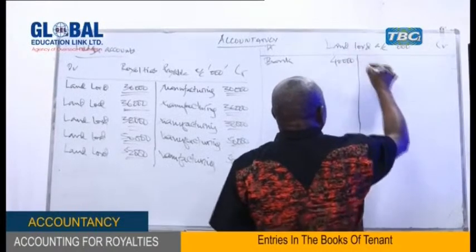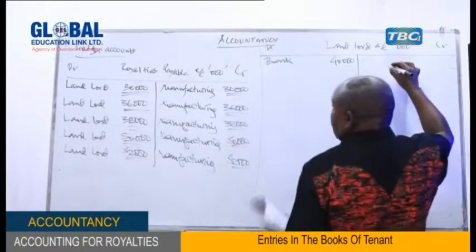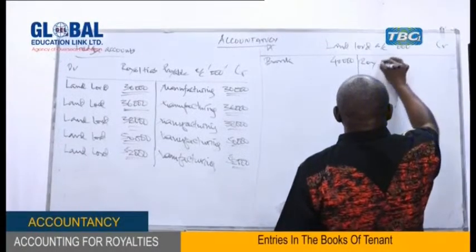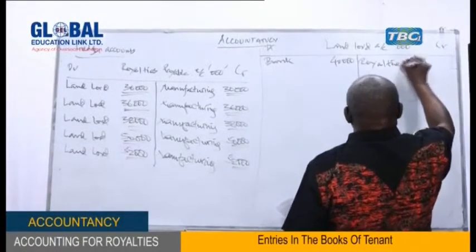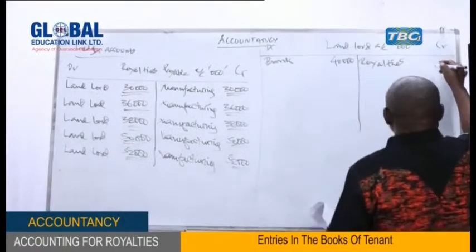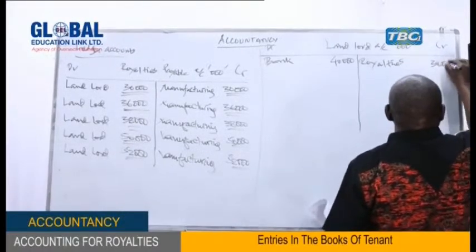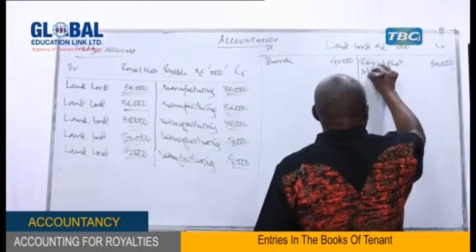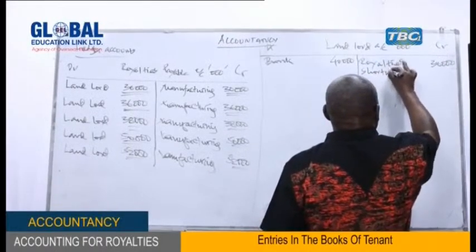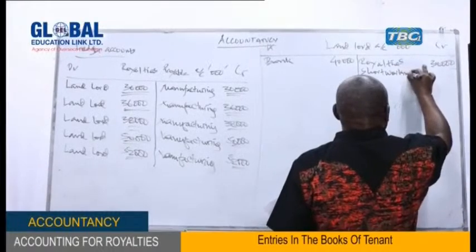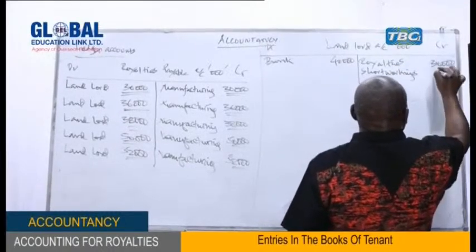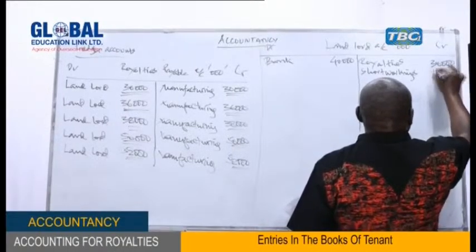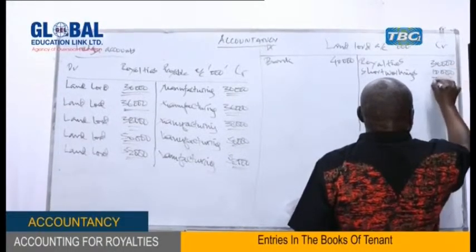Now this coming from royalties, that is 30,000, and also coming as a short working, that is 10. So total it's 40.